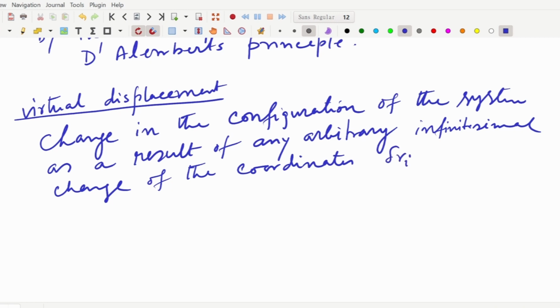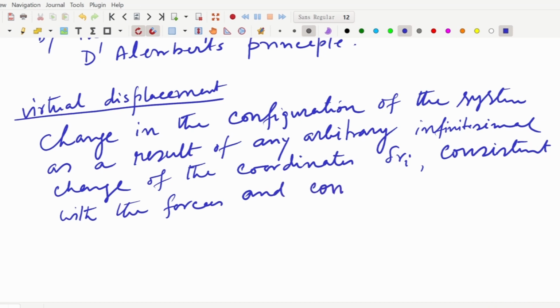This displacement has to be consistent with the forces and constraints imposed on the system at a given instant of time.